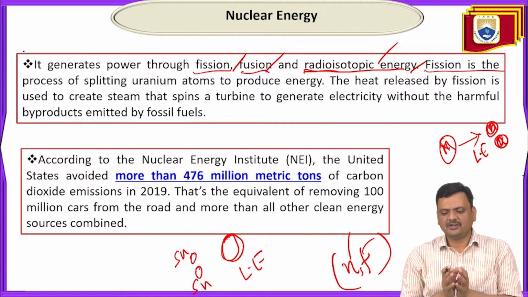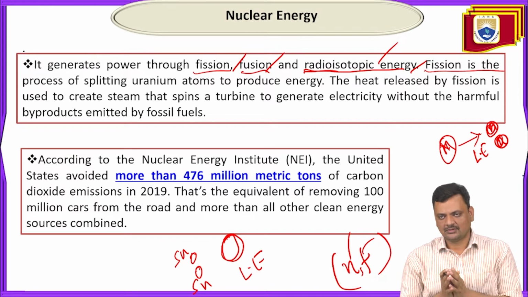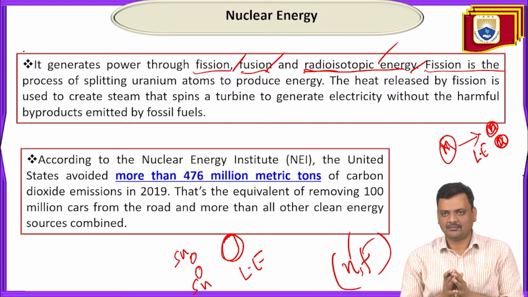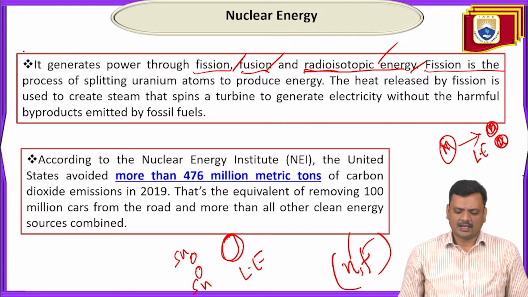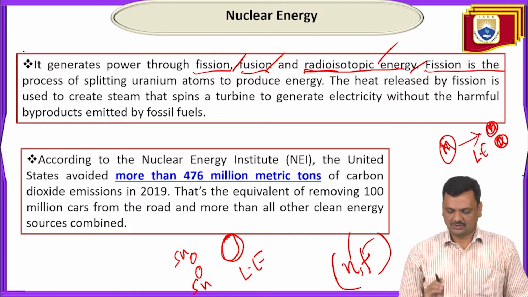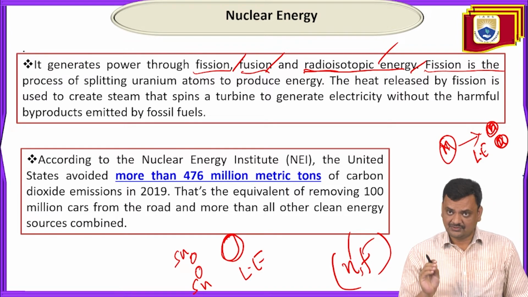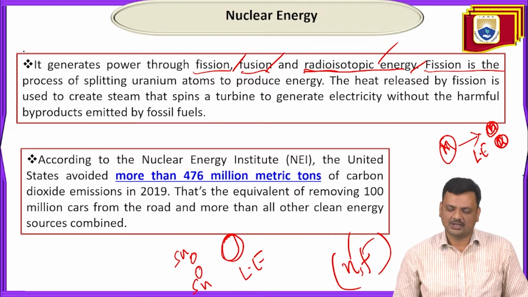that uranium will split into smaller atoms, krypton and barium. In that process, a huge amount of energy is released. This phenomenon is known as fission, and the energy which is released is known as nuclear energy.